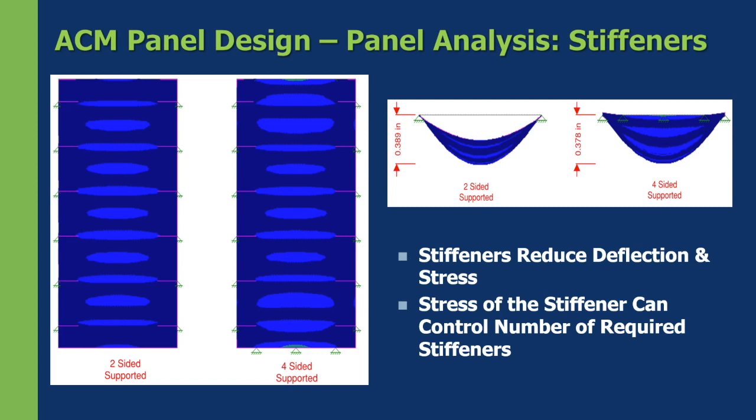So when we look at the stress in the stiffener itself, that can be the new controlling factor of the overall panel and may require more stiffeners to be added. But this is a good time to talk to the architect, because stiffeners bring an architectural challenge with them: oil canning effect.